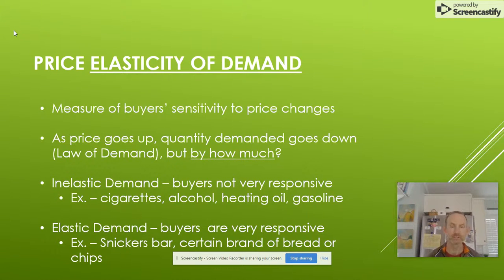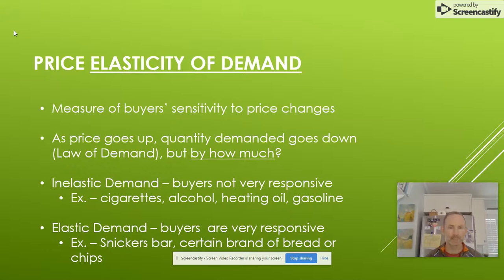People don't just quit smoking because the prices went up a little bit. You don't quit heating your house because heating oil went up in price. So those are things that have inelastic demand, meaning anytime the price increases, the quantity demanded might decrease, but very, very little.